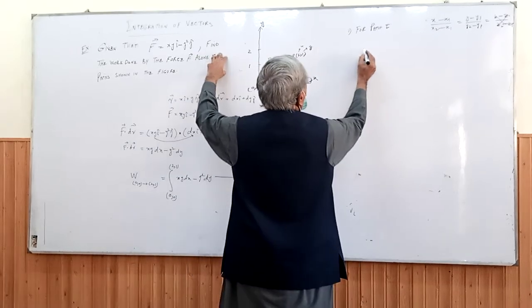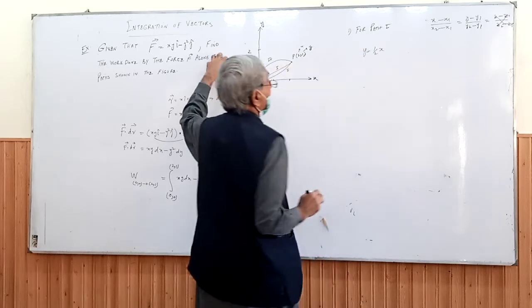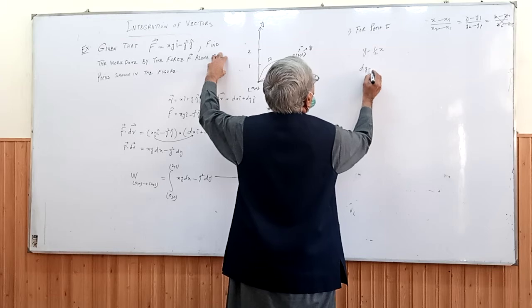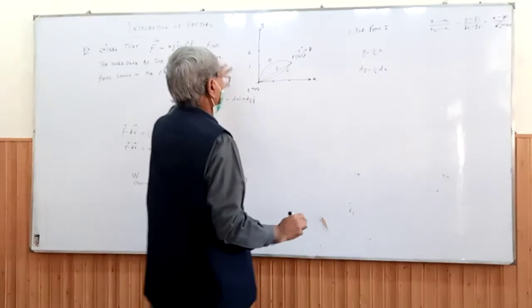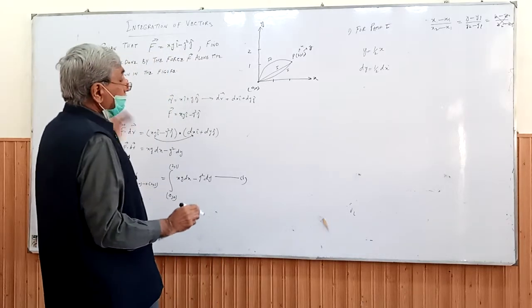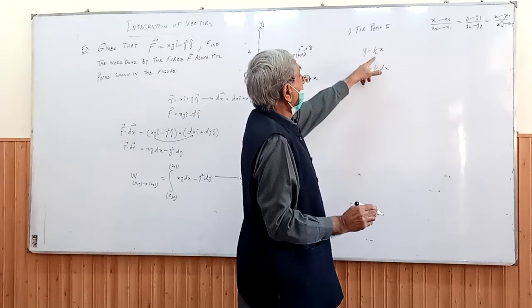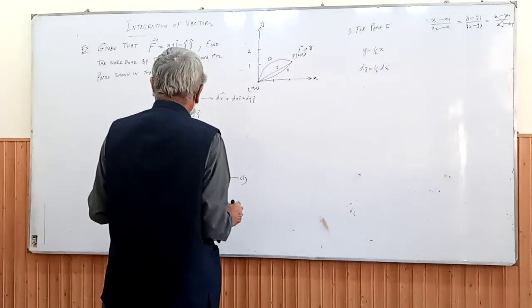So you can say y is equal to 1 over 2 x, and hence dy is equal to 1 over 2 dx. So it means the equation of this line is y equal to 1 over 2 x, slope is 1 over 2. So this is a linear relationship.